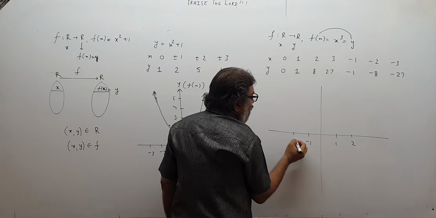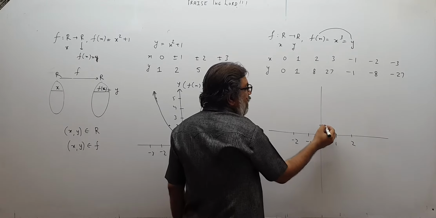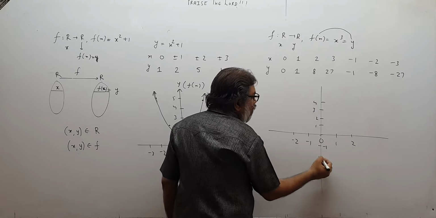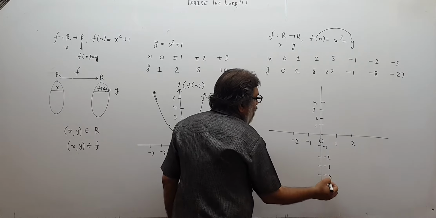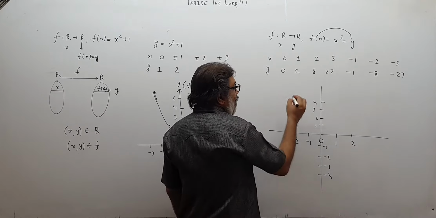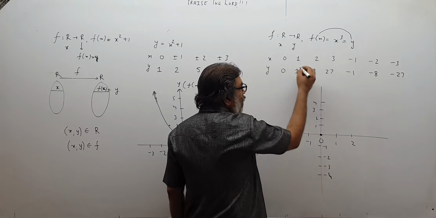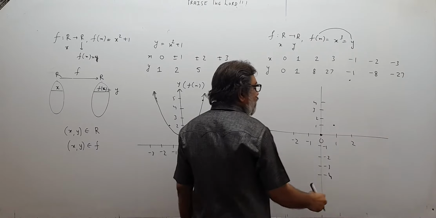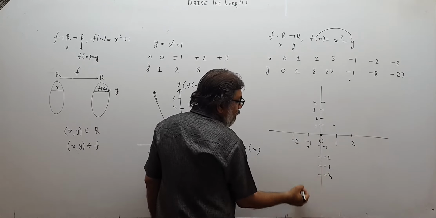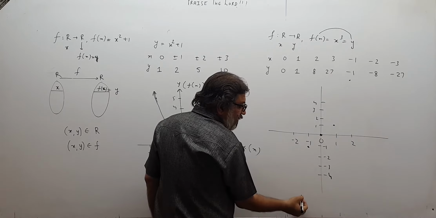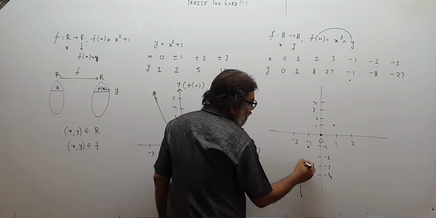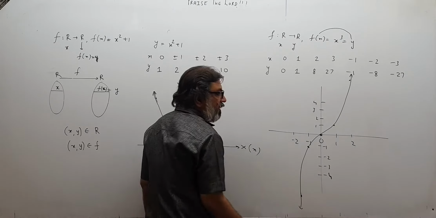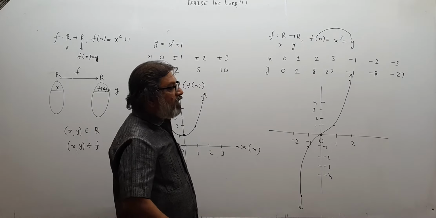We don't need a fair sketch, just a rough idea. 1, 2, 3, 4 and so on, and minus 1, minus 2, minus 3, minus 4 and so on. 0, 0, 1, 1, 2, 8, somewhere here at a very great height. Minus 1, minus 1, minus 2 and somewhere minus 5, minus 6 like this. So your graph is going like this, children. Okay, so this is the graph of y equal to x cube.